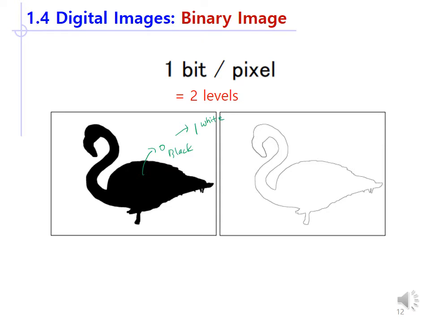Or this is 0 or 255 in an 8-bit image, but in a 1-bit image, 0 or 1 is the only option. The left image is a flamingo expressed in black, and the right image is the H image of the flamingo.